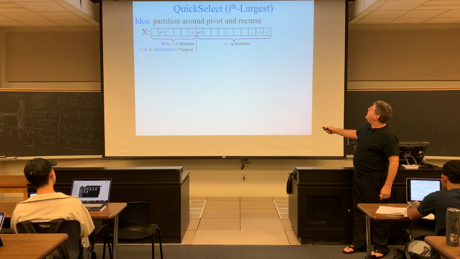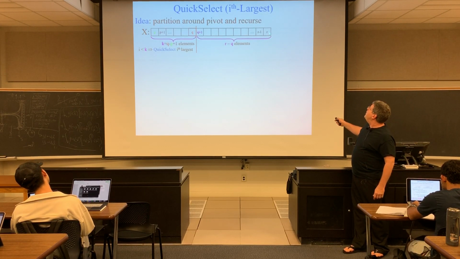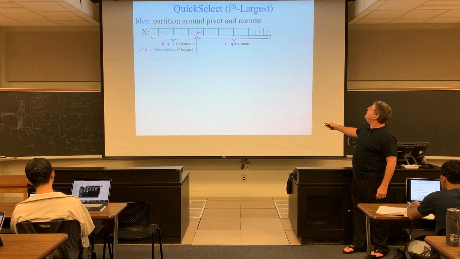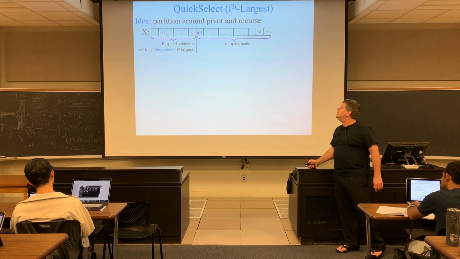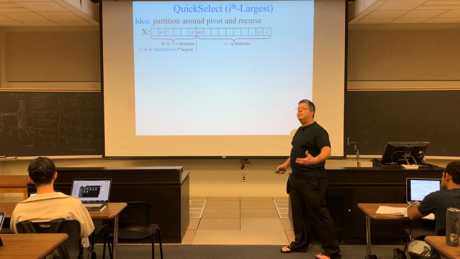So Q is the index of this pivot. The number of elements to the left of Q is Q minus P plus 1 elements in this portion. And in this portion, you have R minus Q elements over here. So I'm just representing them as quantities, so we know how many there are parametrically.